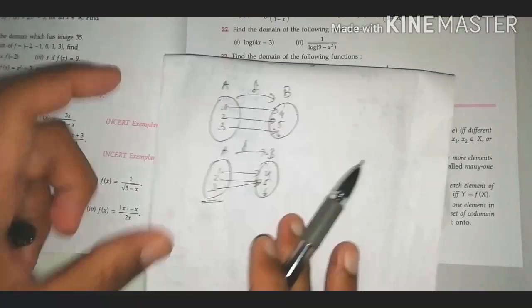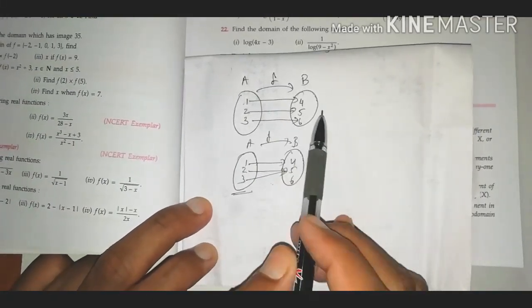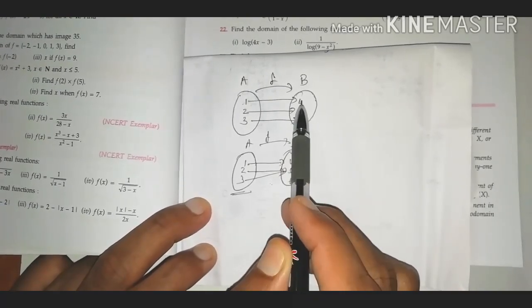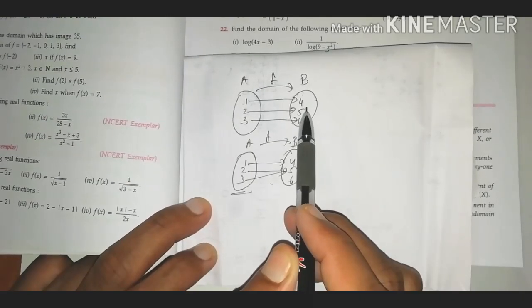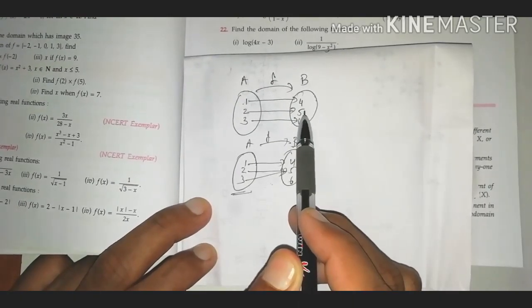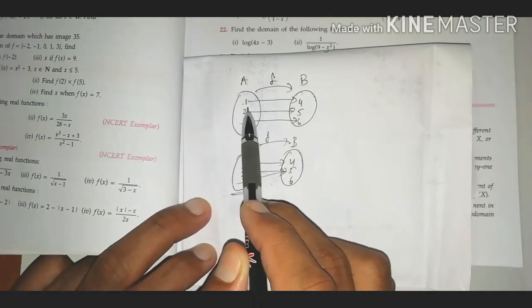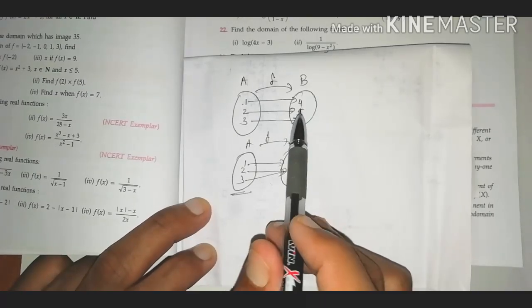When we consider the first example here, it is based on the second set. Here in the second set, 4, 5, 6 are there. So all the elements in the second set must have a pre-image in the first set, then only we can say it is onto.